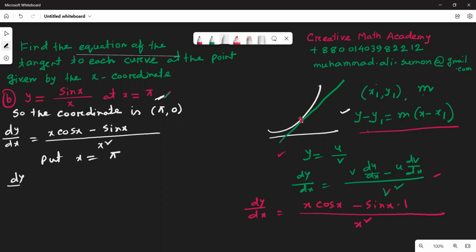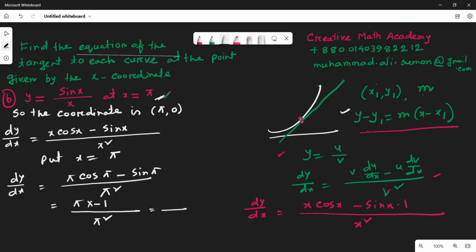So dy/dx equals, pi squared in the denominator, pi cos pi minus sin pi. We know cos pi equals minus 1 and sin pi equals 0, and over pi squared. So here minus pi over pi squared. If we cancel it, it will be minus 1/pi.